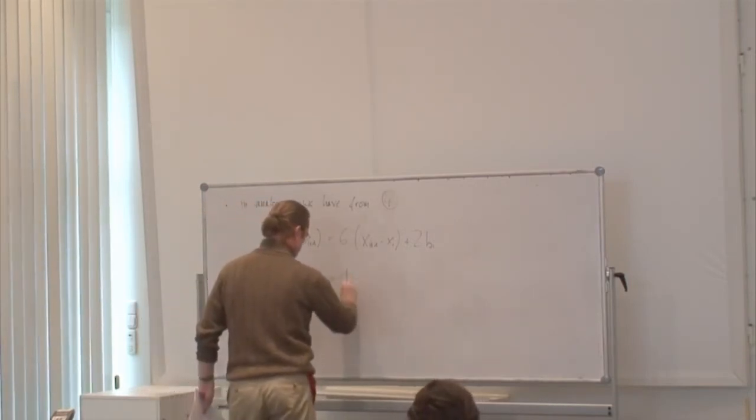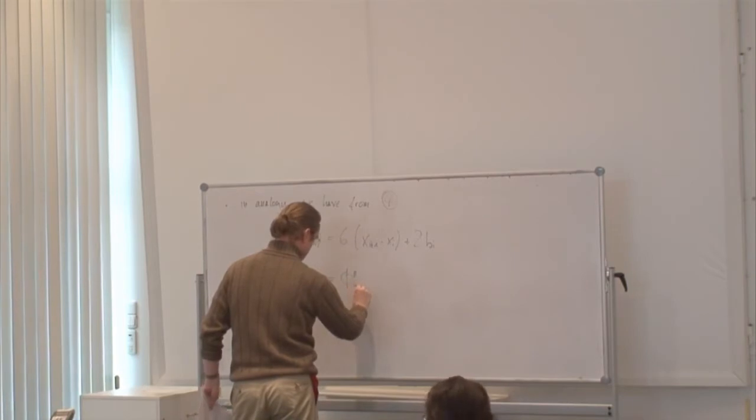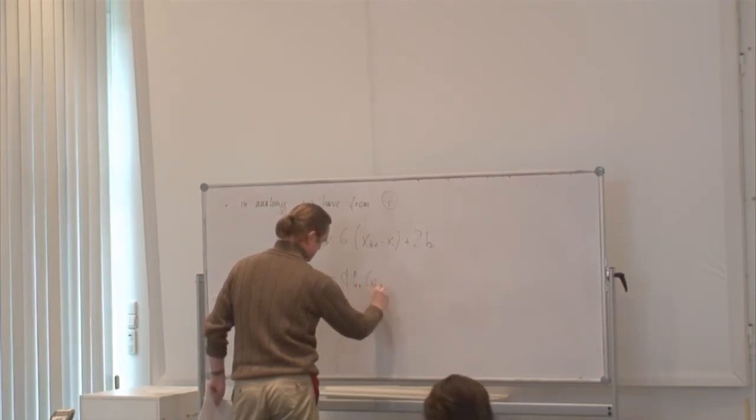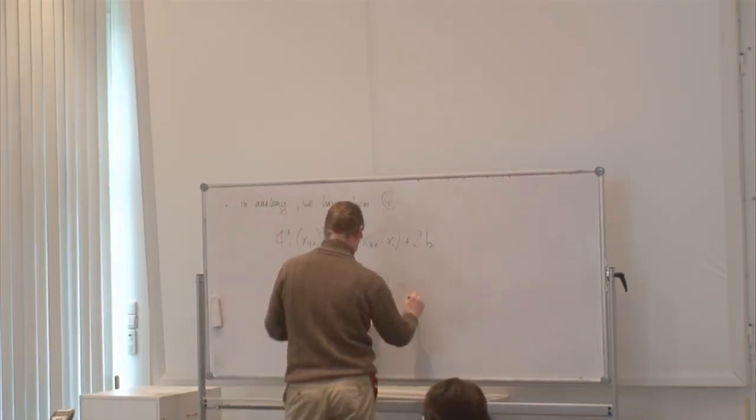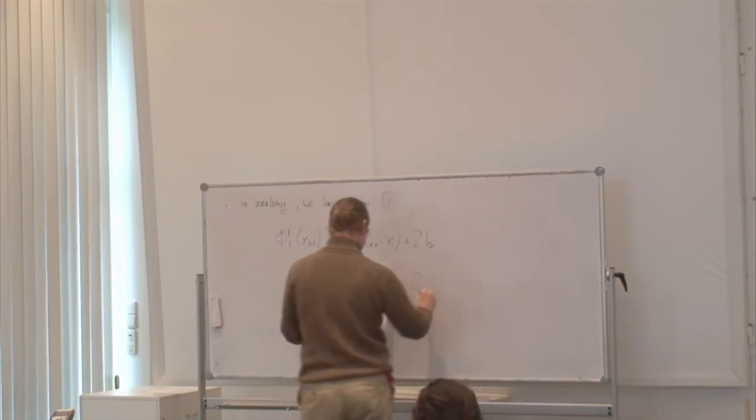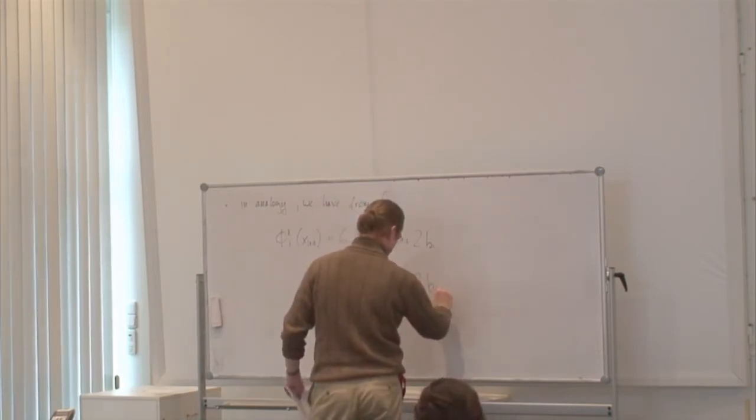This is supposed to be the same as phi_(i+1) second derivative at x_(i+1), which will evaluate to 2b_(i+1).